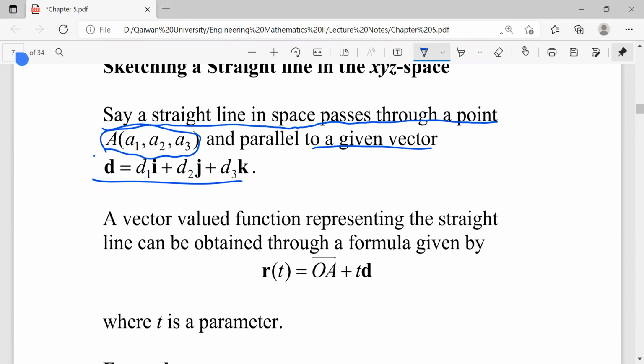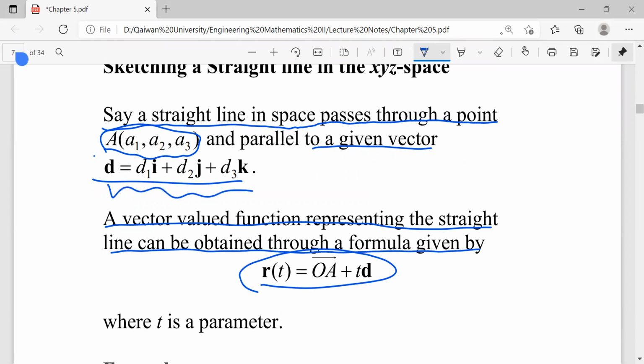We say a vector valued function representing the straight line can be obtained through this formula, which gives the graph of the straight line passing through a point and parallel to this vector.